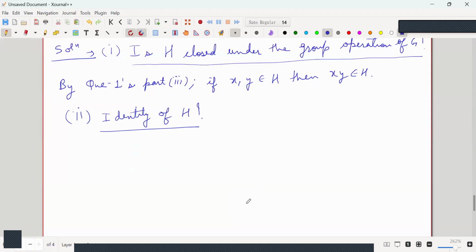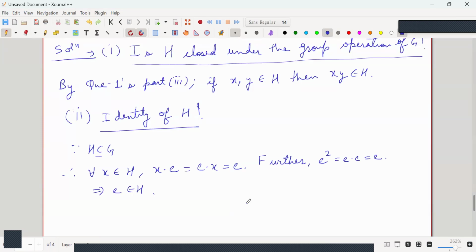Since H is a subset of G, whatever element satisfies the identity relations for G will also satisfy the identity relations for H. Therefore, for all x belongs to H, x dot E is E dot x, and that is x. Further, we need to show that this identity element is actually inside H. E square is E dot E, which is again E. This implies identity belongs to H. So identity is there.